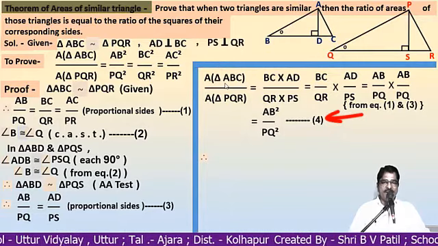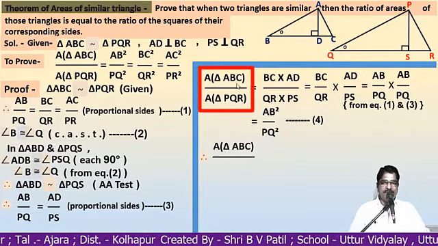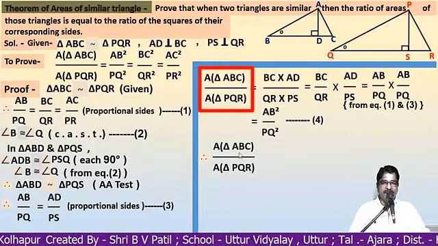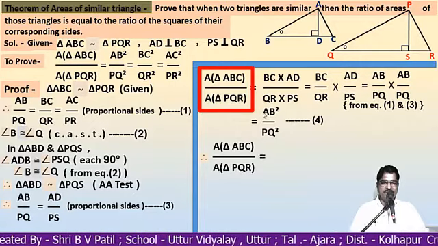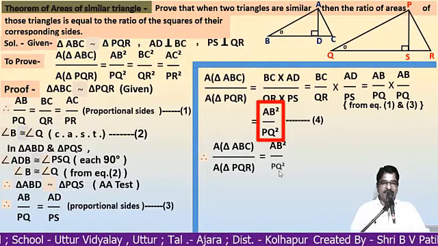Therefore, LHS side: area of triangle ABC divided by area of triangle PQR is equal to AB square divided by PQ square.